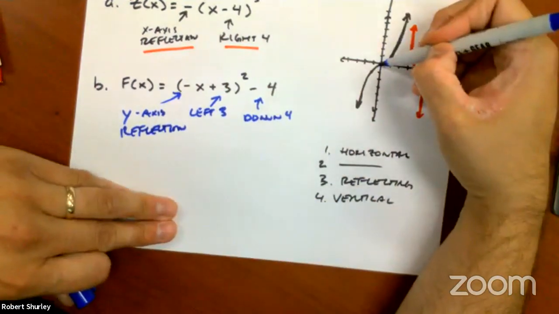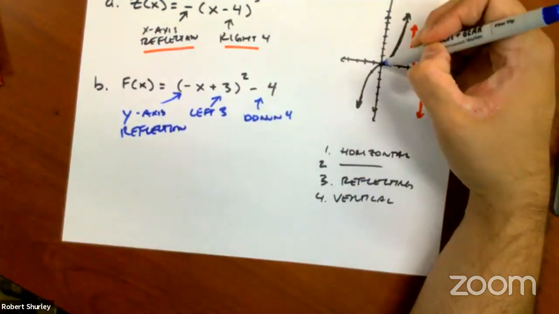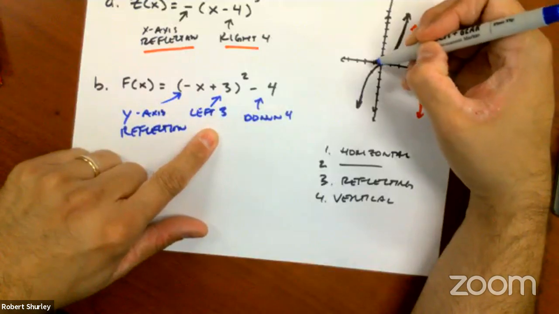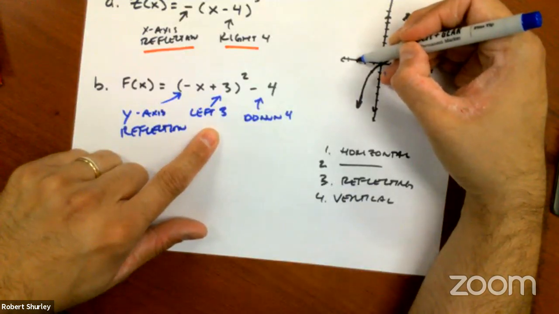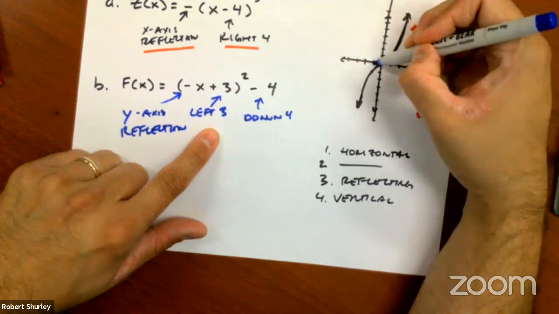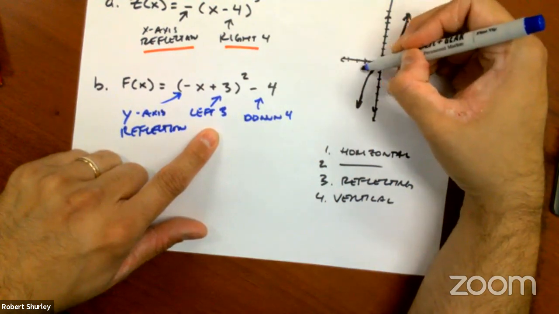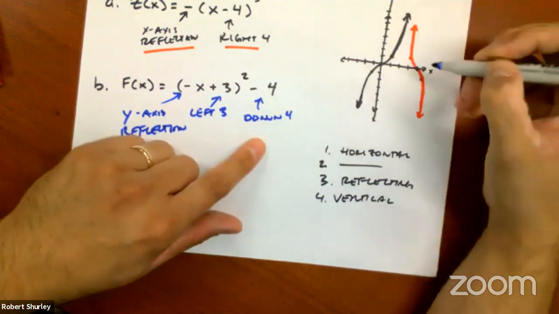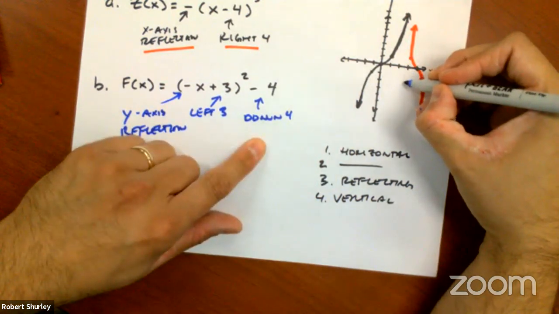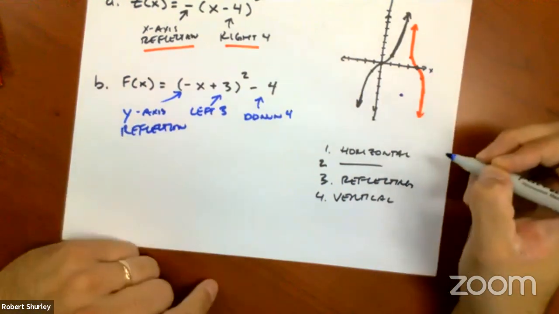I'm going to choose this coordinate again. Horizontal tells me to go to the left 3, 1, 2, 3. Now I've got to do the y-axis reflection. So I'm going to go around the y-axis. Around the y-axis would put me at positive 3. And then I've got to go down 4, 1, 2, 3, 4. So it puts me about right there.